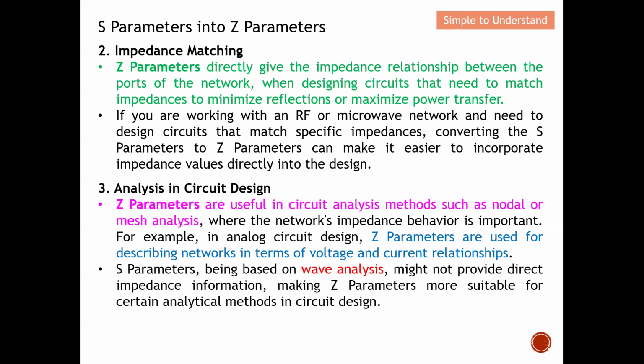If you are working with an RF or microwave network and need to design a circuit that matches specific impedance, converting the S parameters to Z parameters can make it easier to incorporate impedance values directly into the design.